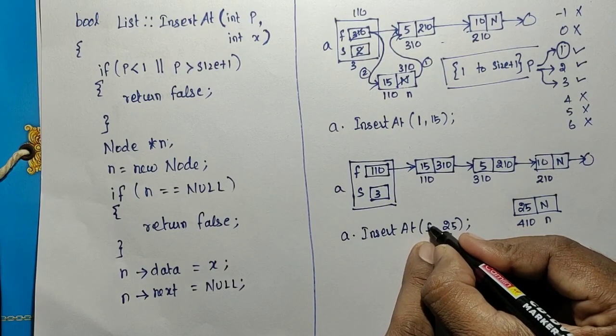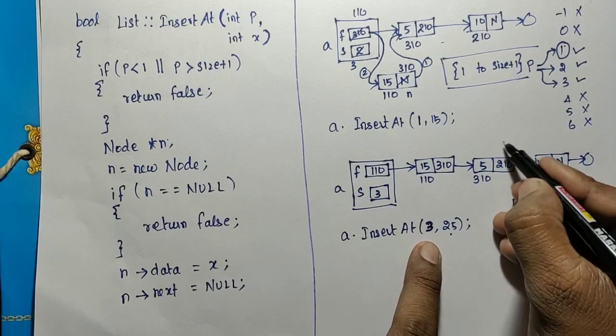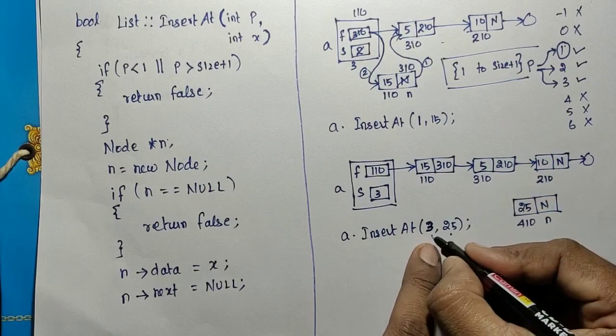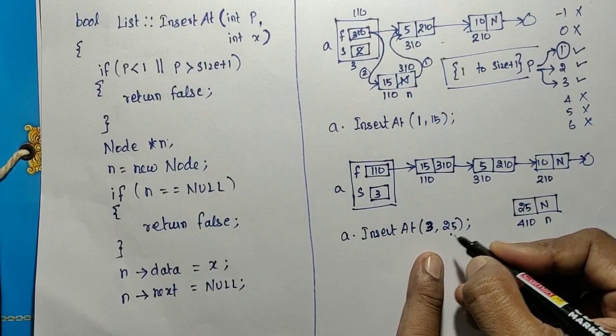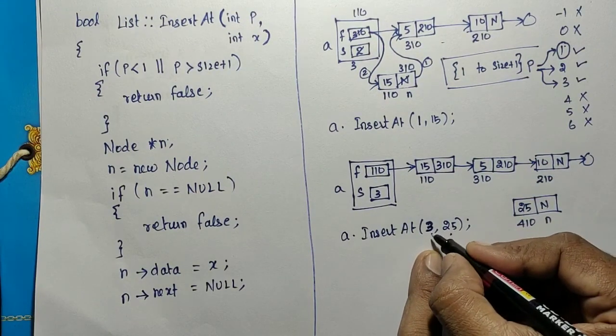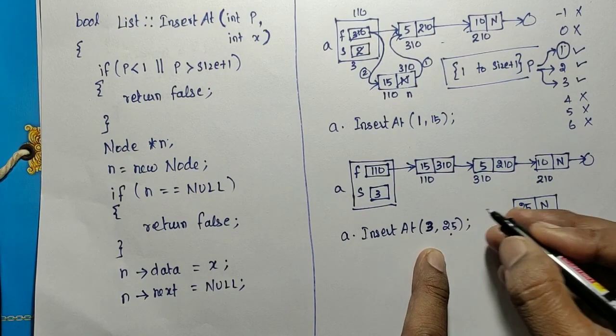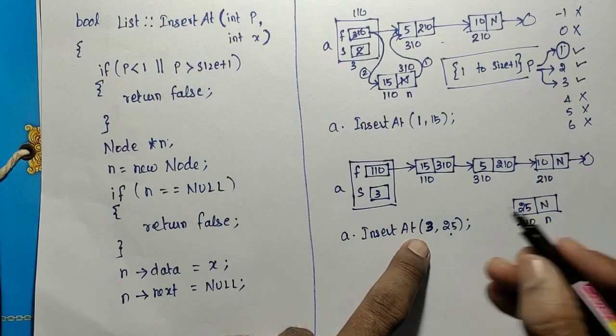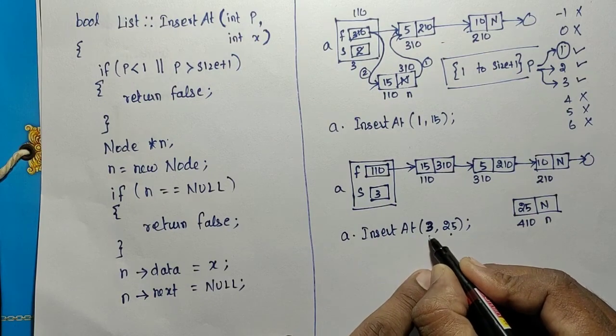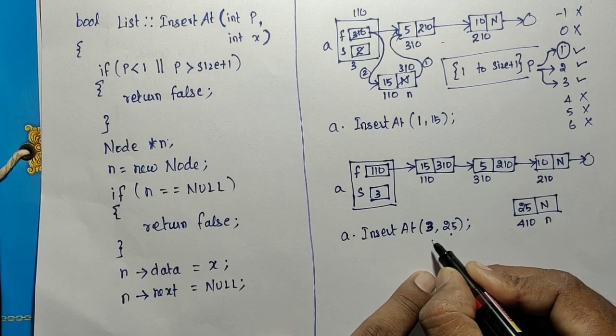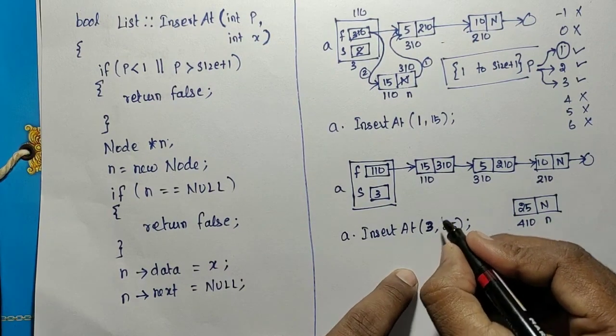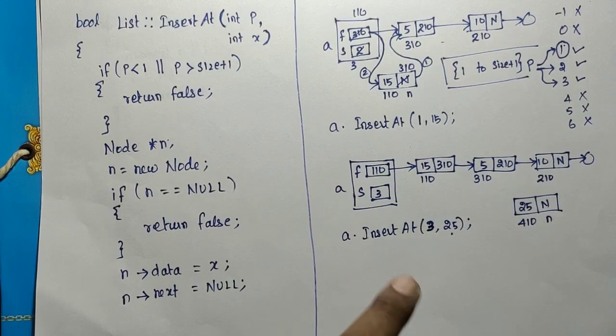So if P is 3, I need to look for the second node. If P is 4, I need to look for the third node. If P is 5, I need to look for the fourth node. So simply what I need to search here is the P minus first node. So I need to look for the P minus first node first.